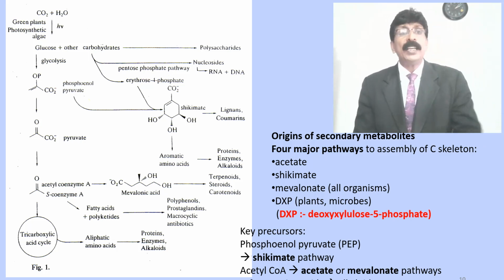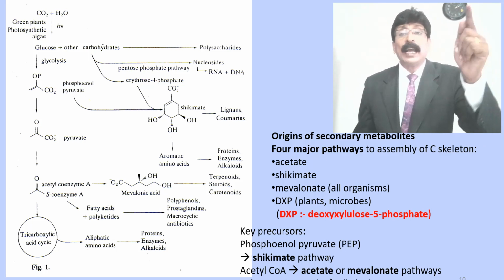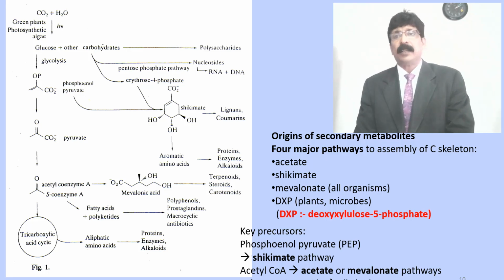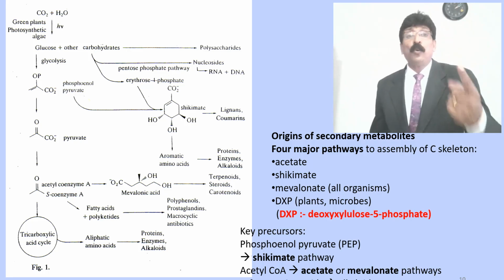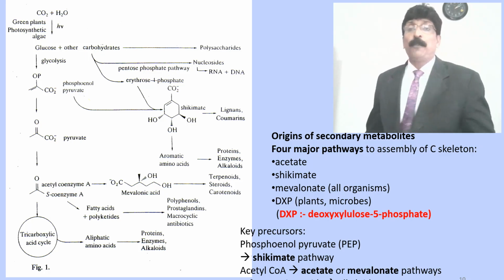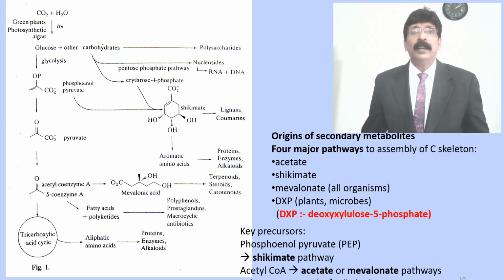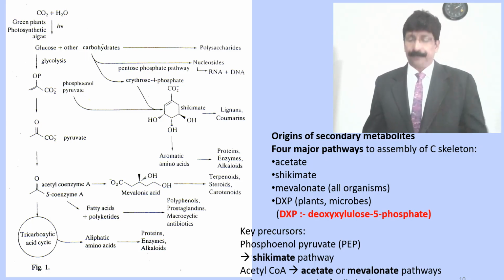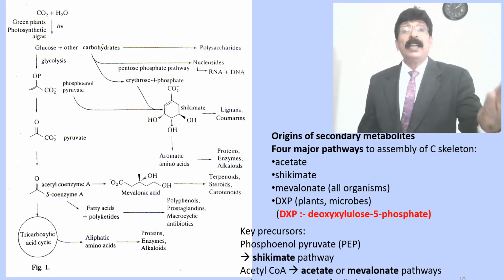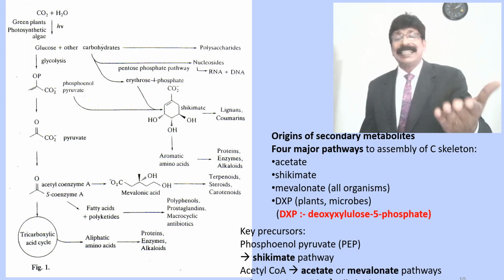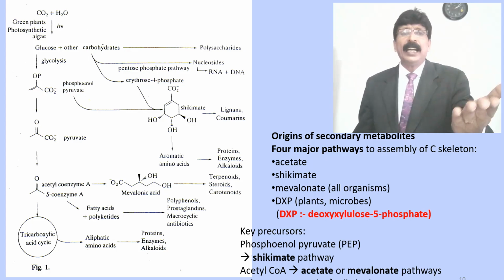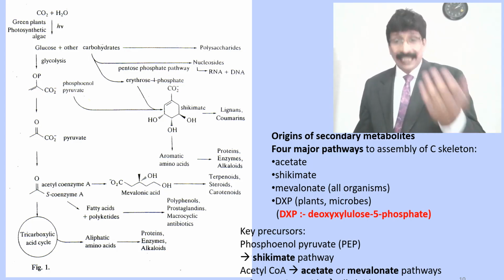You see there, the glucose molecule can undergo glycolysis. We have studied in biochemistry that a glucose molecule undergoing glycolysis converts into 2 molecules of pyruvic acid, and phosphoenol pyruvate. The phosphoenol pyruvate and the erythrose 4-phosphate can give rise to shikimic acid, as shown in the picture, which is the real pathway of shikimic acid.